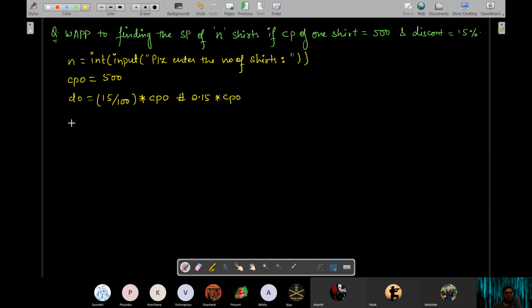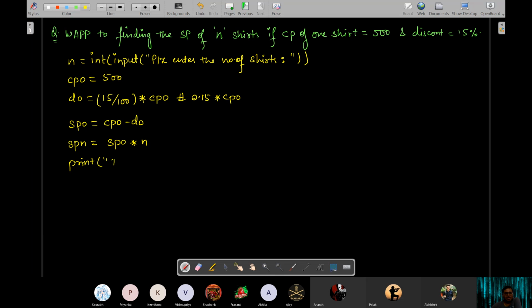Okay, selling price of one is equals to cost price of one minus discount on one. Okay, and then selling price of n is equals to selling price of one multiplied by number of shirts. Okay, and then you can print.